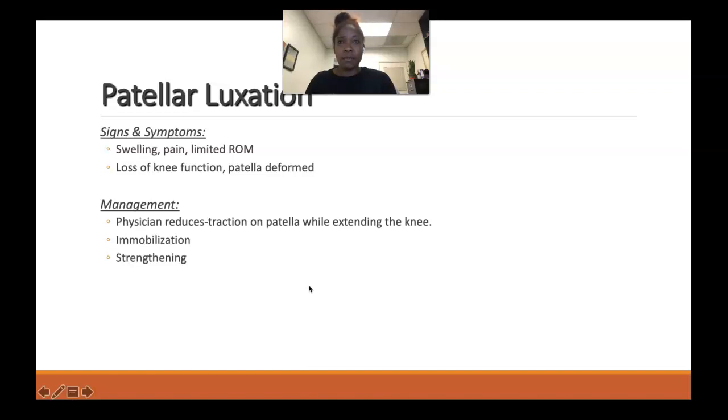In terms of signs and symptoms, I think these are pretty straightforward, guys. It's really observation. Most often, what you're going to see if the patella is still stuck in that position is a gross abnormality or deformity of the patella sitting more laterally. But certainly, if it has relocated itself, then that patient's going to present to you with a lot of anterior swelling or effusion in the knee.